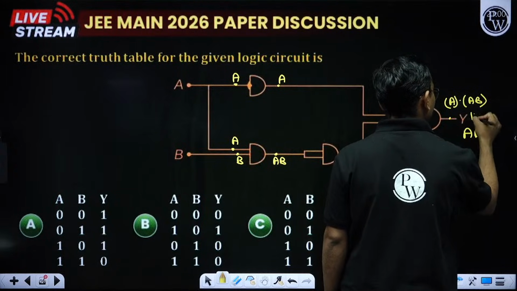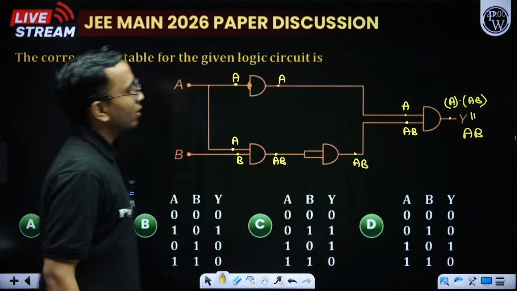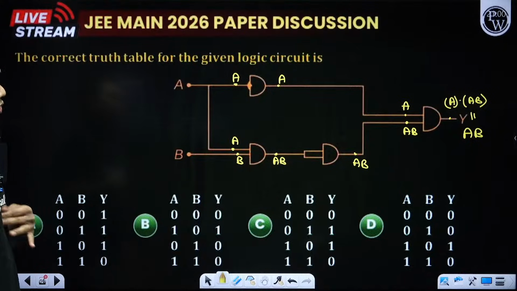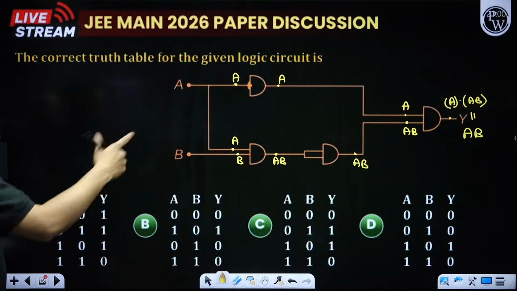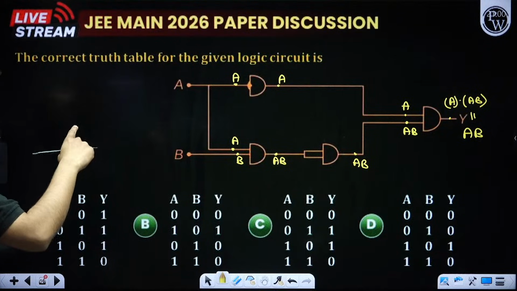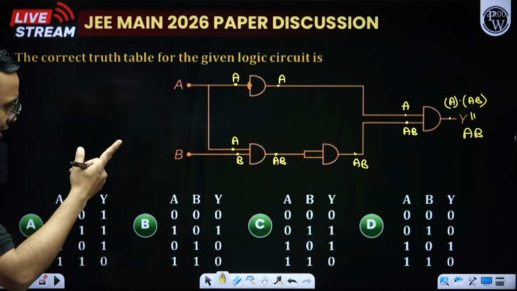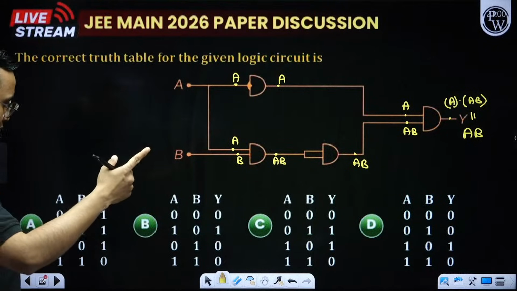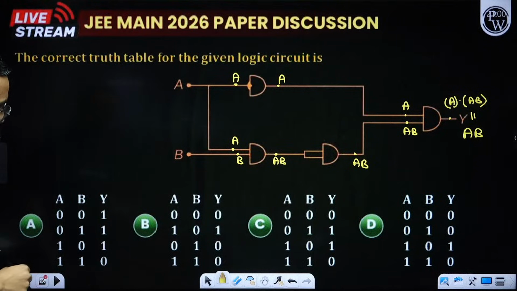This becomes equal to AB. AB means just the AND gate. So when both are 1, it will be 1. Otherwise, it will be 0.